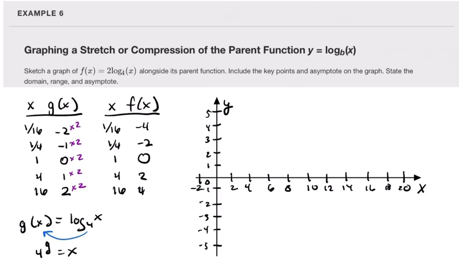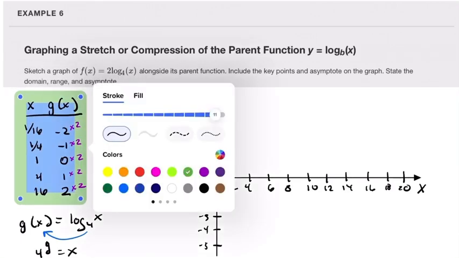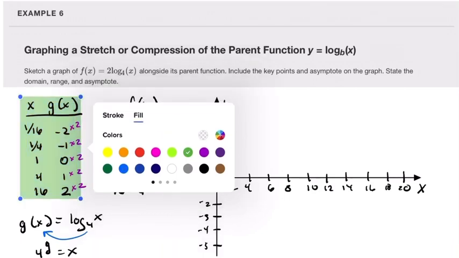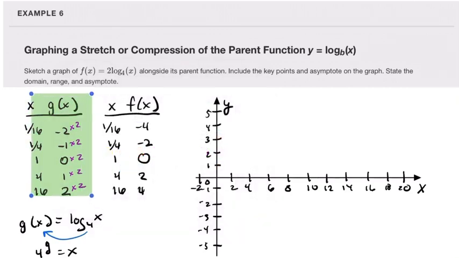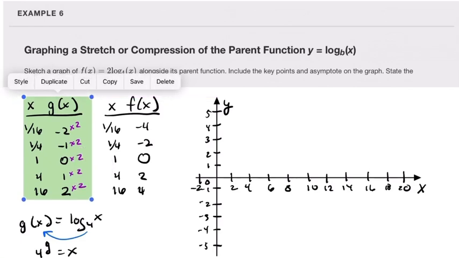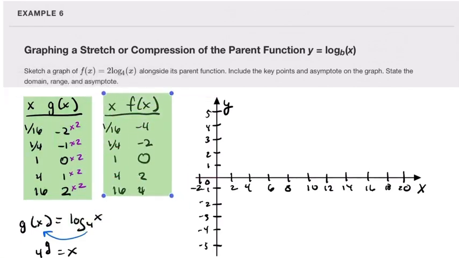We'll do g in green, and we'll do f in blue.